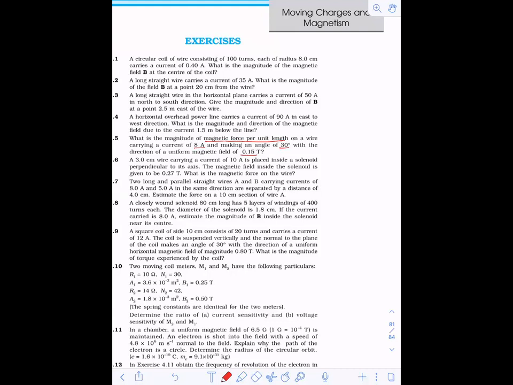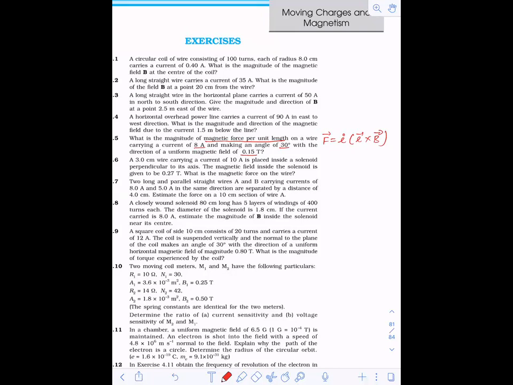Now we know that the magnetic force is given as I vector L cross B. We all know this.